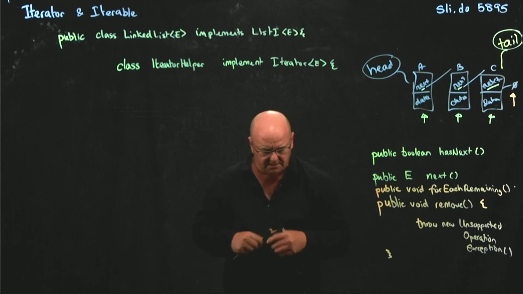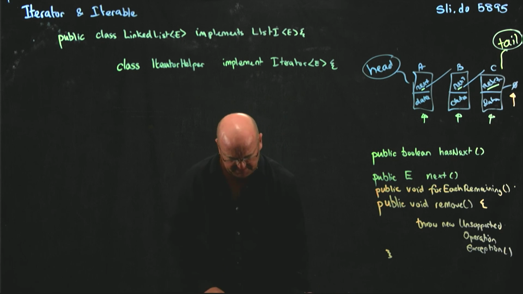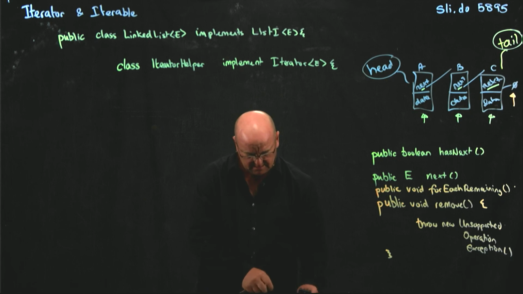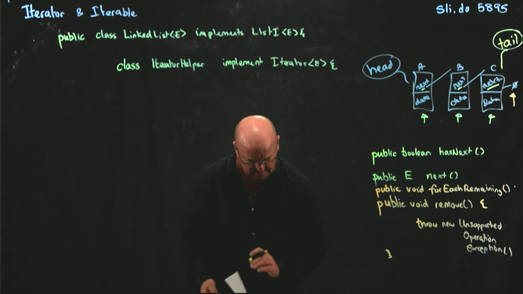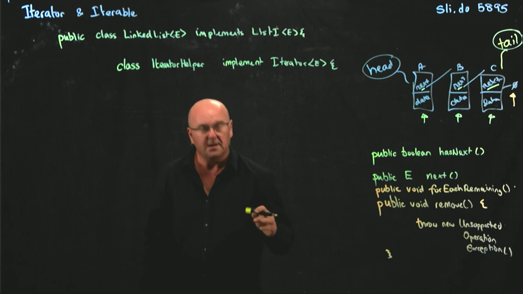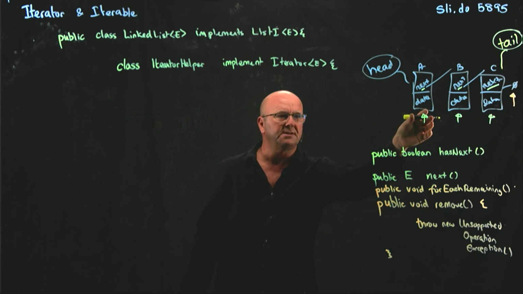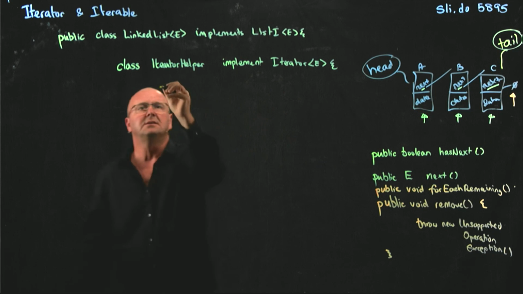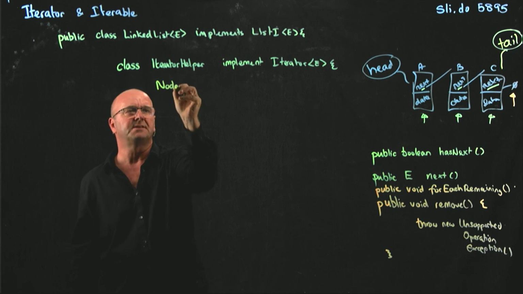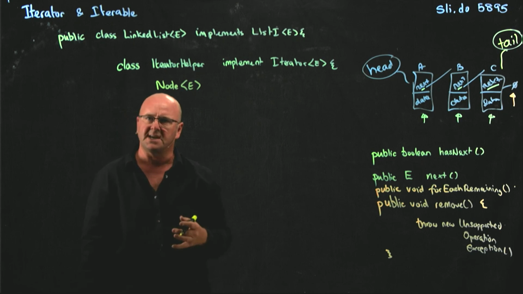So in our inner class, we're going to have a temporary pointer that we're going to use to point to our linked list. So let's just call that something different. We've already used current, we've already used previous, we've already used temp.